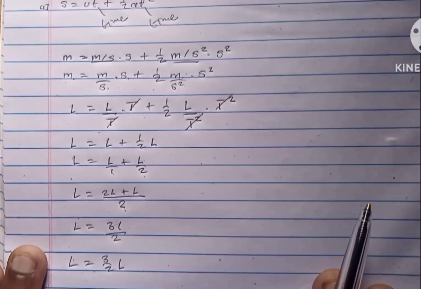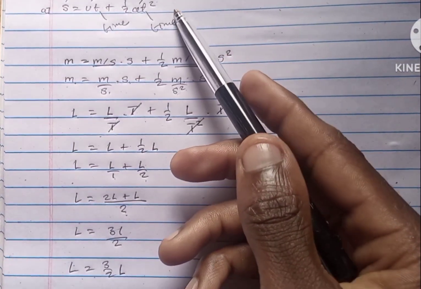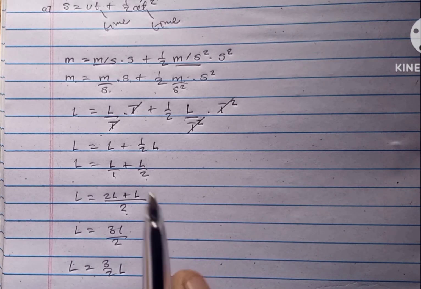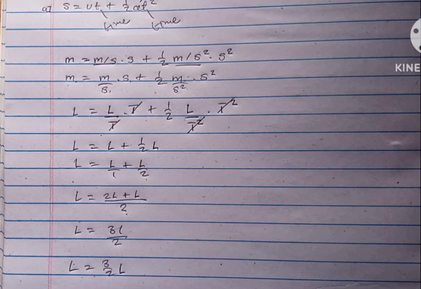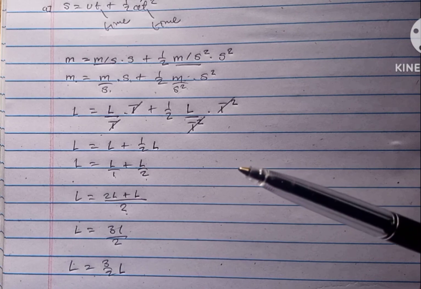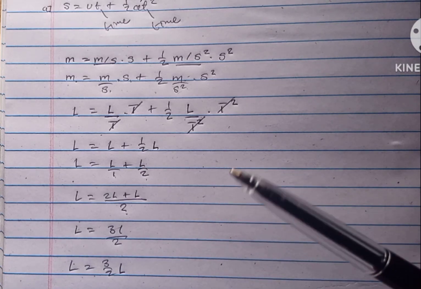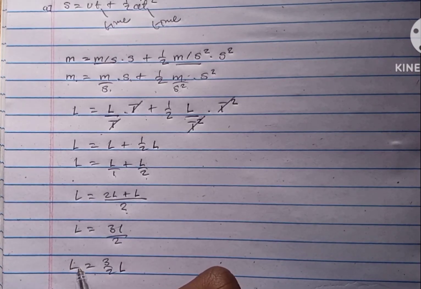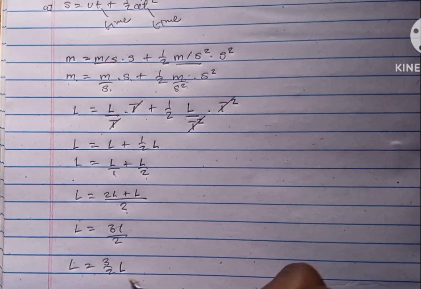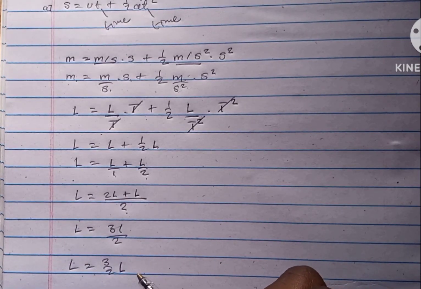So does this equation have the same dimension on the left side of the equation and on the right side of the equation? An equation is homogeneous if the left side and the right side have the same dimension, and if that dimension is raised to the same power. So we have L at this side of the equation and L at this side of the equation, which is the same dimension.